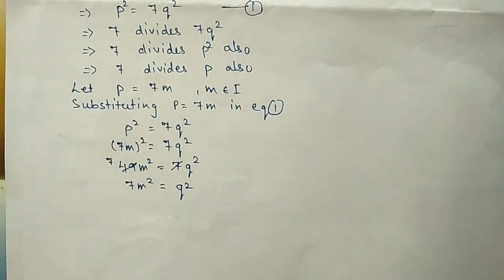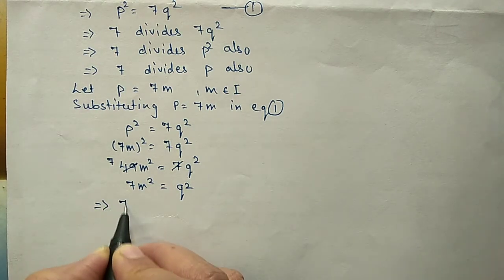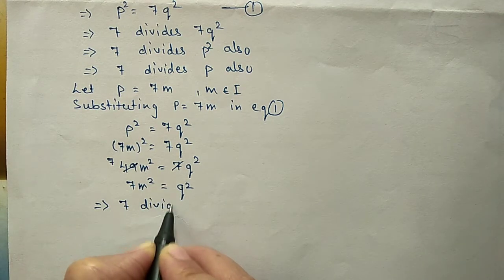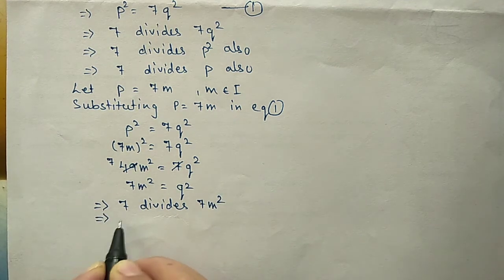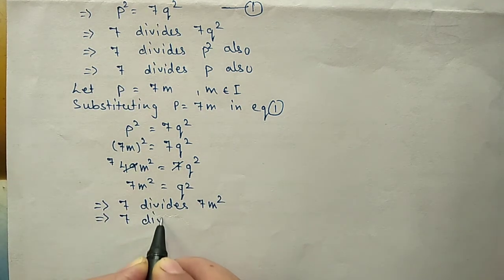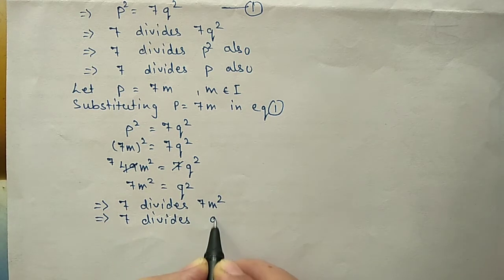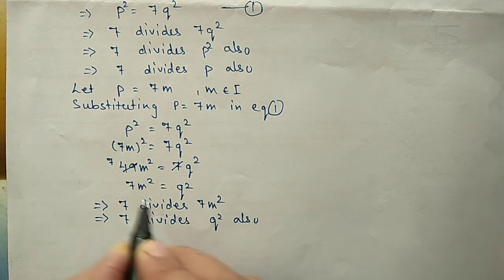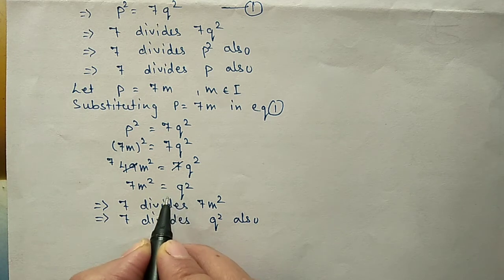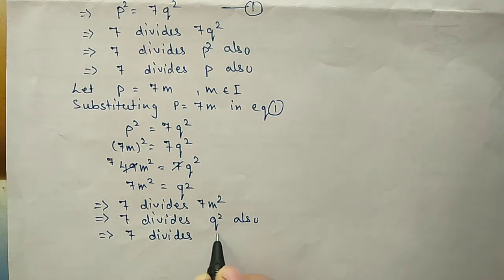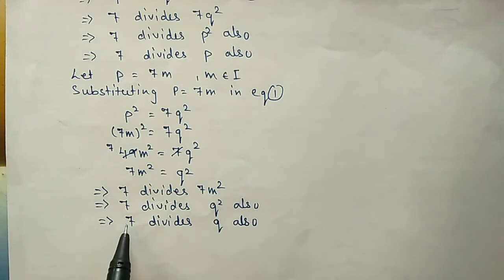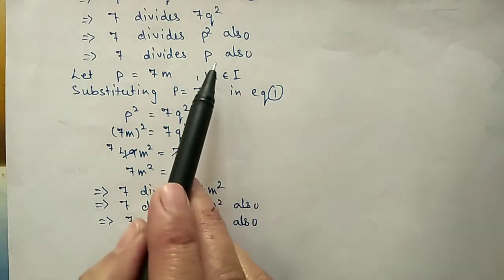So we can say now 7 divides 7m square, or we can say 7 divides q square, because 7m square is equal to q square, so it will divide q square also. Or we can write 7 divides q also. So we got the result: 7 divides p also and 7 divides q also.